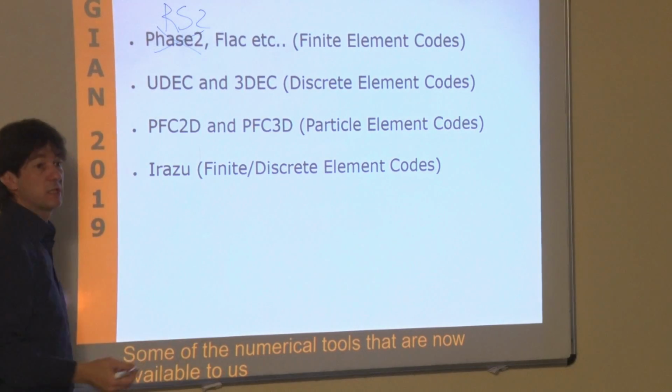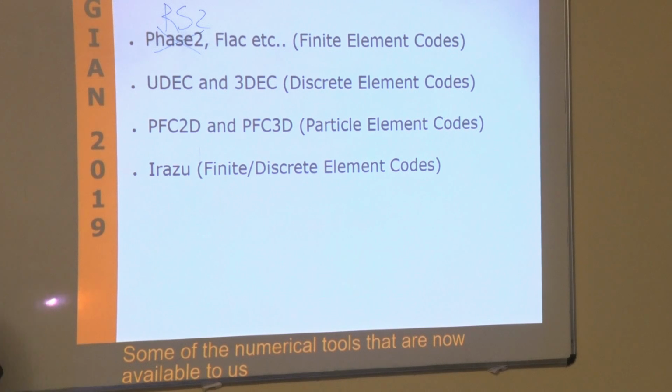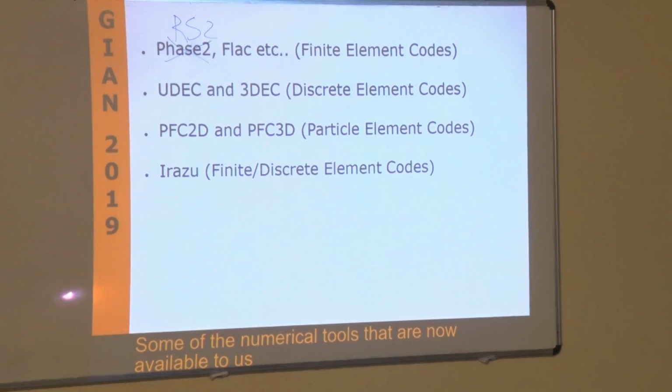RS2 or RS3, RockScience's 2D and 3D. FLAC is not really a finite element, it's finite differences, it's just the way you solve, but it's a continuum. So those are continuum models where you assume your model to be continuum and to deform, to plasticize, and eventually some elements might fail.